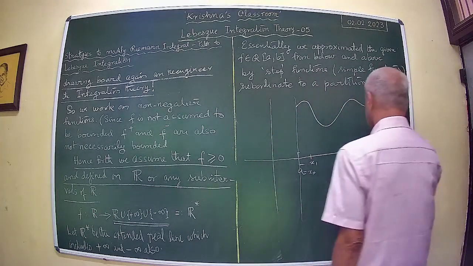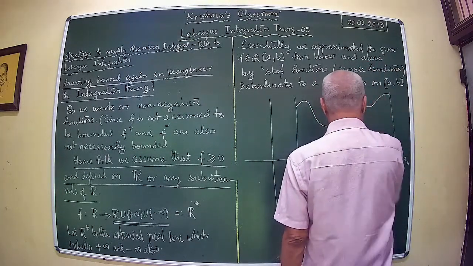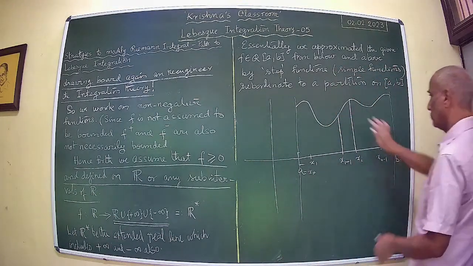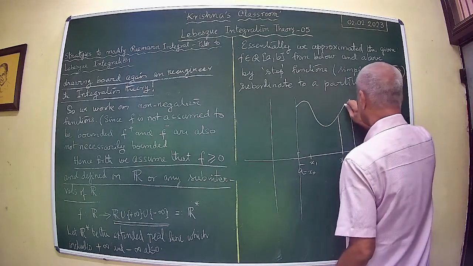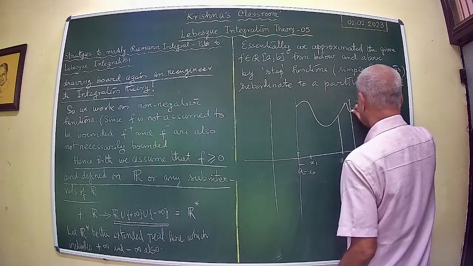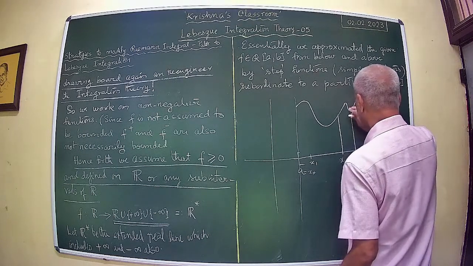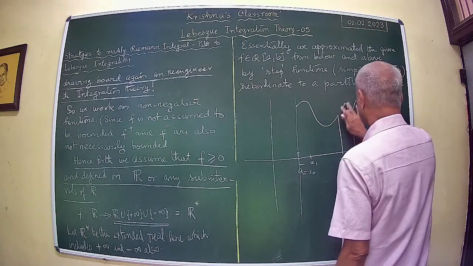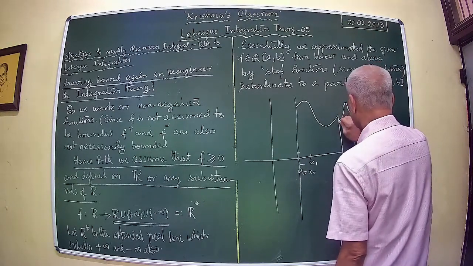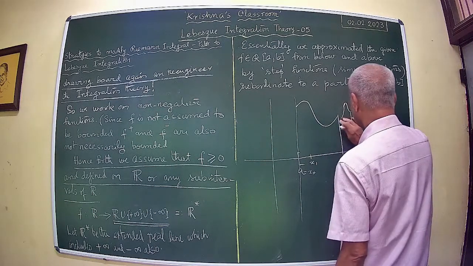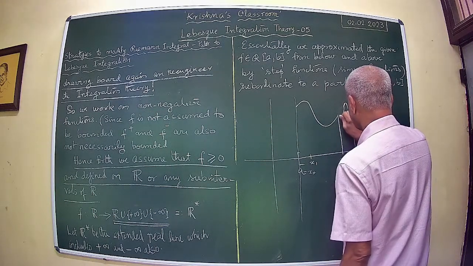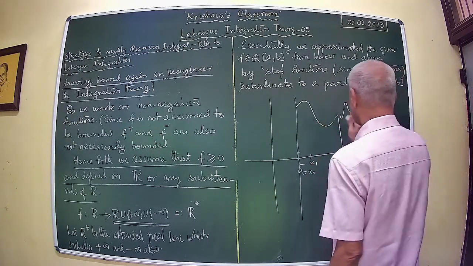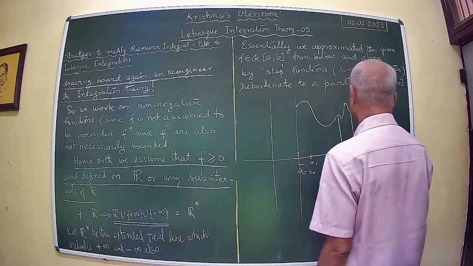Okay, so what do we have on each of these intervals? Make certain things clear.